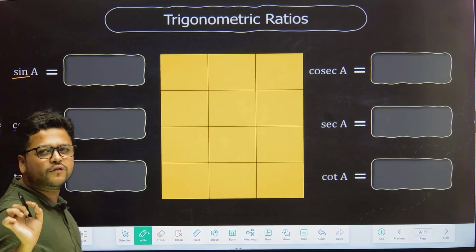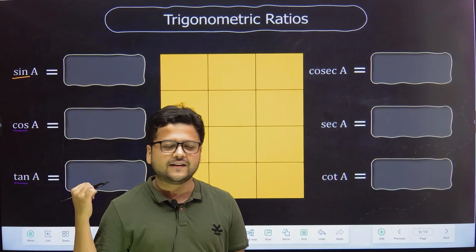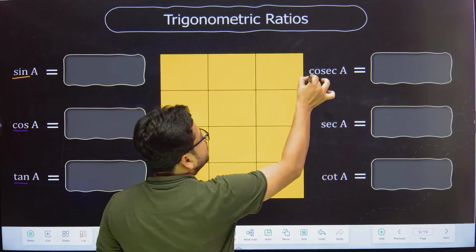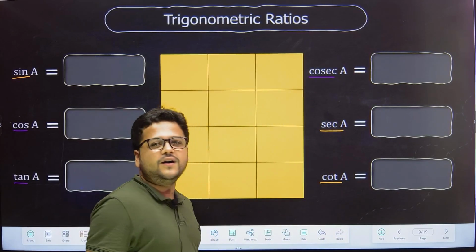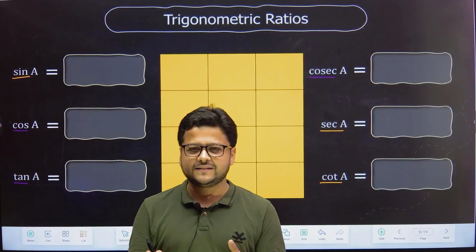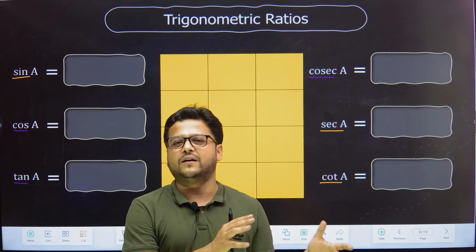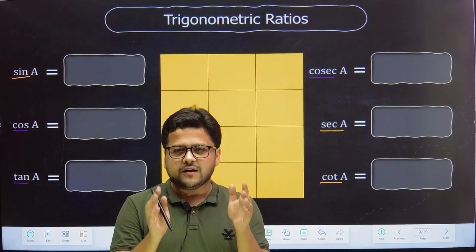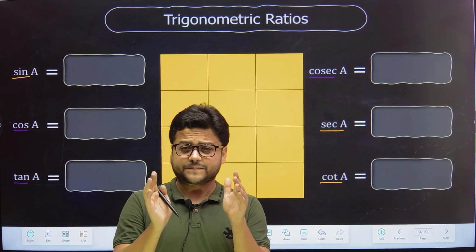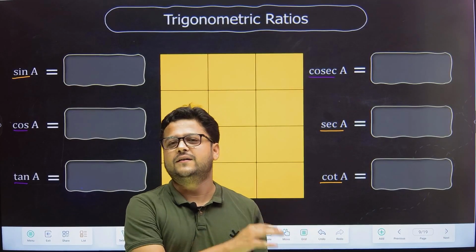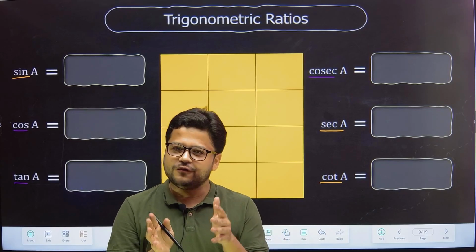You know the word tangent, but the abbreviation is tan. Sine, cos, tan, cosec, sec, and cot. Understood? So these are the 6 members, and they are meaningless in the absence of theta, right? They are only meaningful with theta.